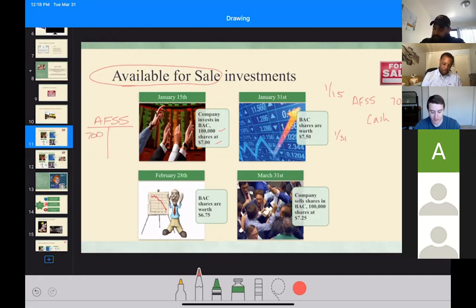When we get to January 31st, the Bank of America shares are now worth $7.50 each, which means that the fair market value should be 750, that's $7.50 times the 100,000 shares we own. So how do we get from 700 to 750? We're going to add 50,000, so we debit our available for sale securities by 50,000.